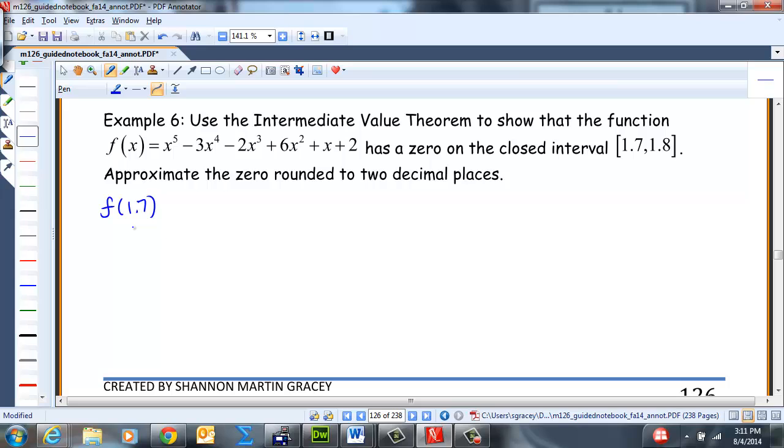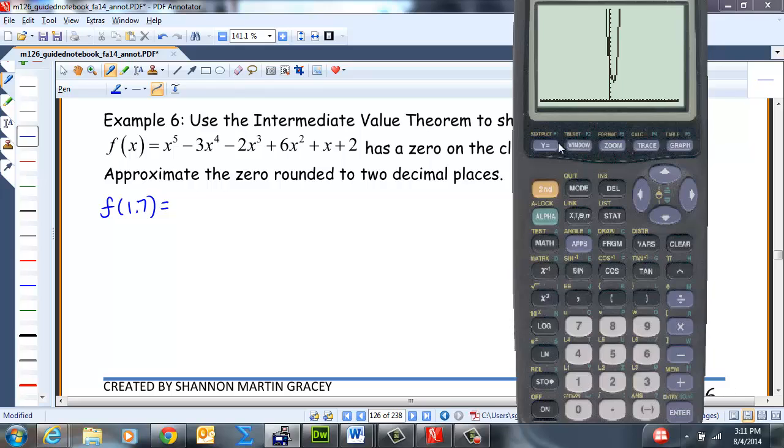we're going to have, let's go ahead and do it on the graph. So if we go to y equals, let's just clear this all out.